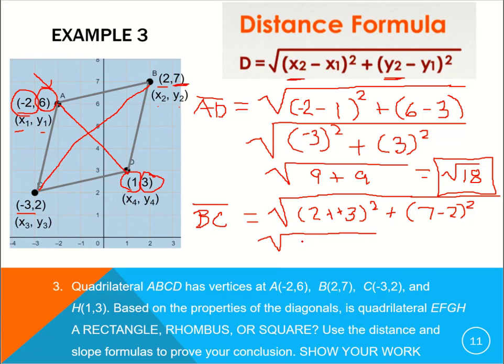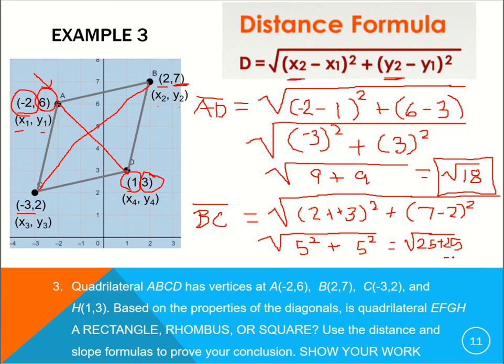So that's going to be 3 plus 2 is 5 squared, plus 7 minus 2 is 5 squared. That is 5 times 5 is 25. So that's the square root of 25 plus 25, or the square root of 50.